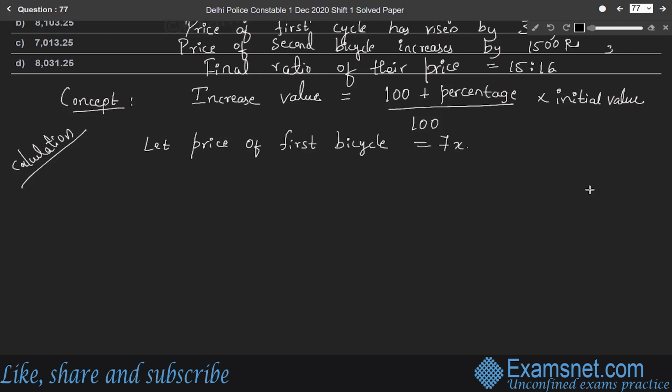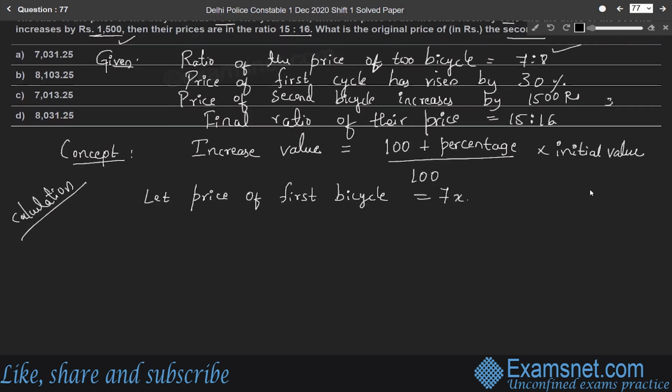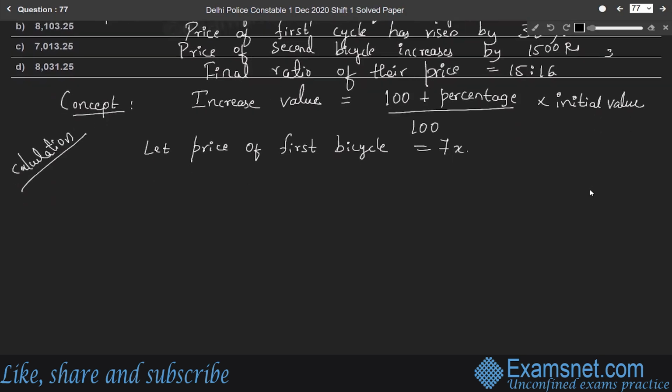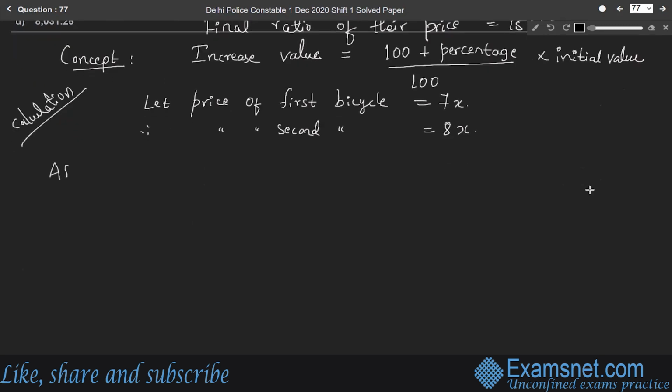The price of the second increases by 1,500 according to the question. Since the price of the first bicycle is 7x, the price of the second bicycle is 8x. Do you agree? After 2 years, the price of the first bicycle has risen by 30%.